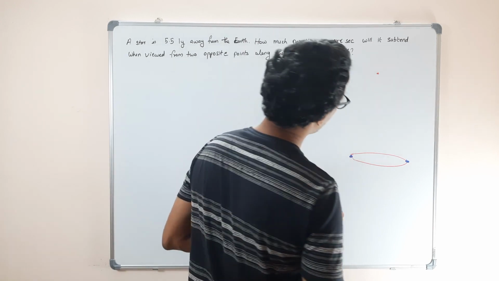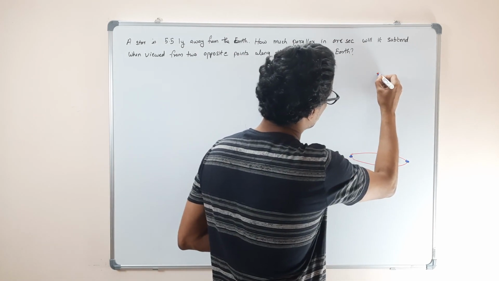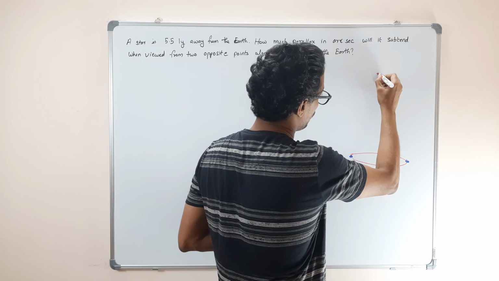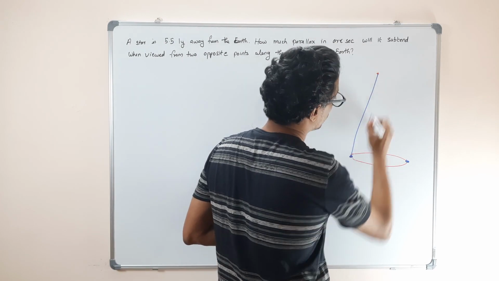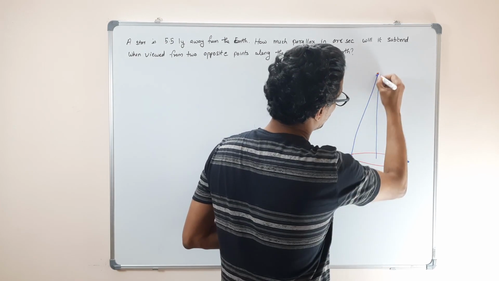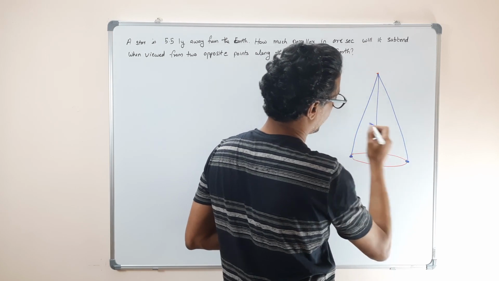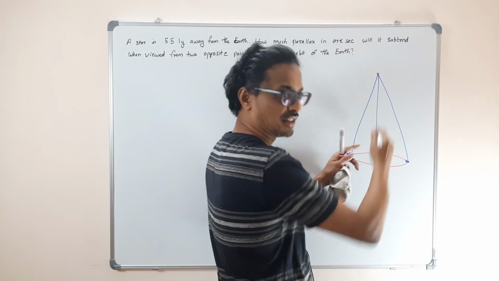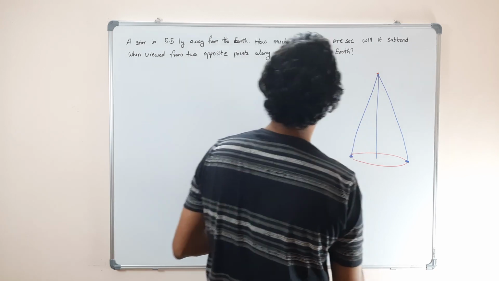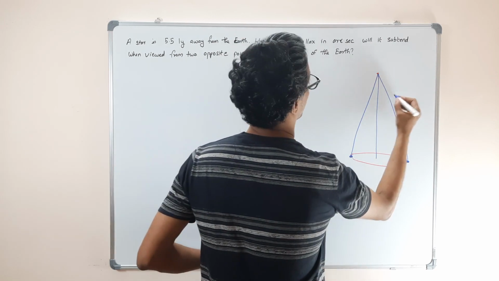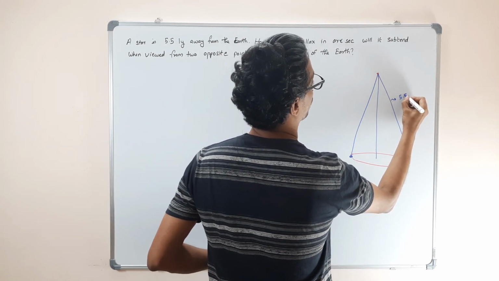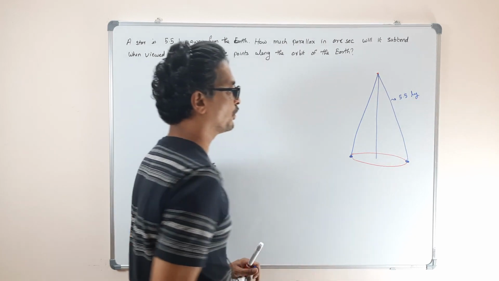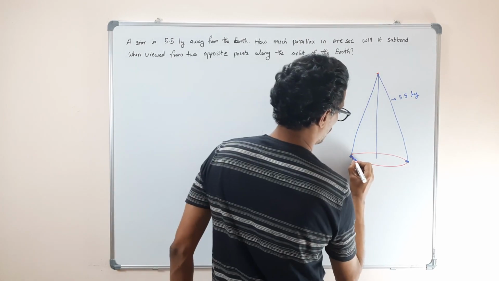We can assume all of this distance is far away. I can consider all the lengths to be equal because they are very long distances. So this distance is given as how much? This is 5.5 light years. What will be this distance?